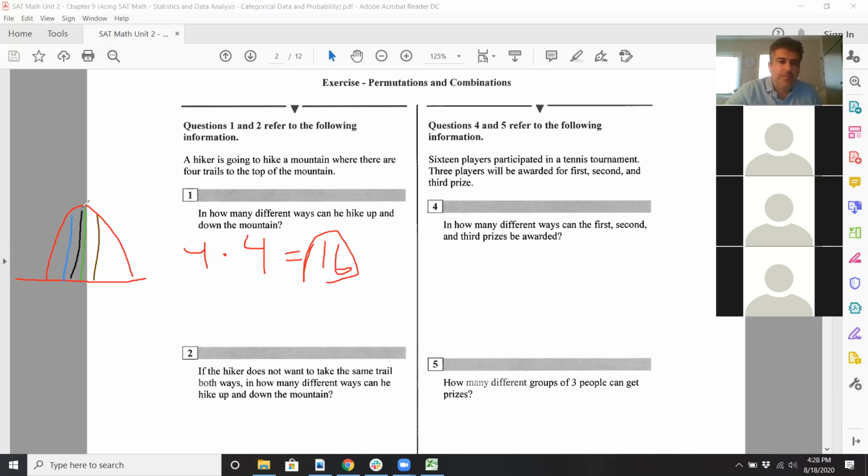And then of course you go down each of those 4 paths. Now, let's say he does not want to take the same trail both ways. So in this case, 4 ways up and 3 ways down, because let's say he's chosen the blue way, so now that's out. So there are only 3 more ways left.